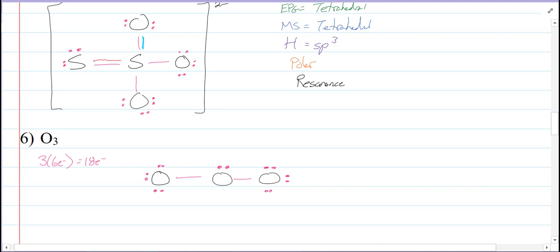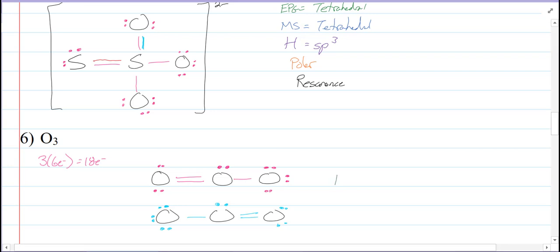Extra on the center is 18, but that's still not good. I need to make a double bond. Doesn't matter which side. We could double bond this side. So there's equivalent resonance. In fact, this is one of the examples we did with equivalent resonance structures.